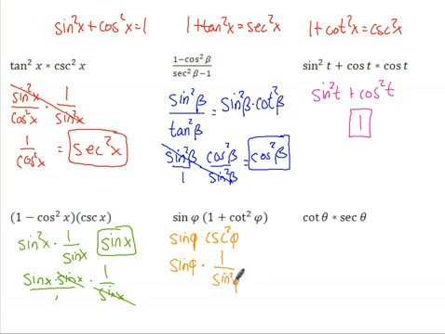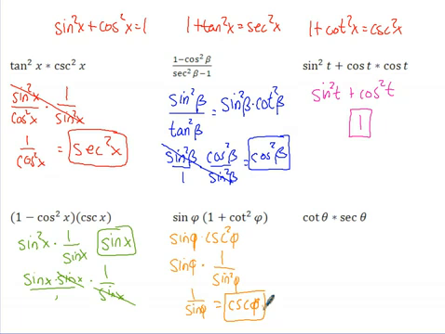And if I have two sines on the bottom and I have 1 on the top, they'll cancel out and I'll be left with 1 on the bottom. There's just 1 on the bottom. And that's the same thing as just cosecant phi.